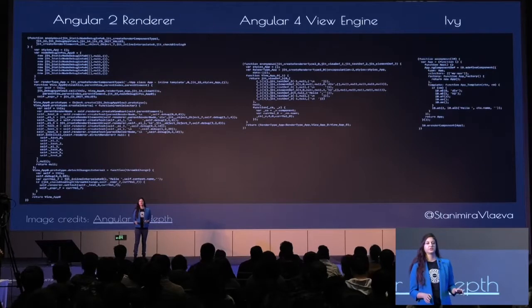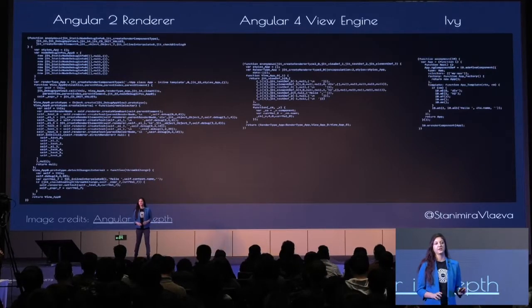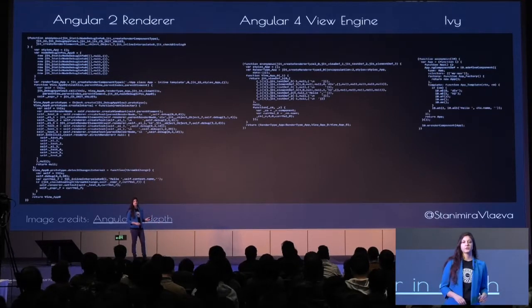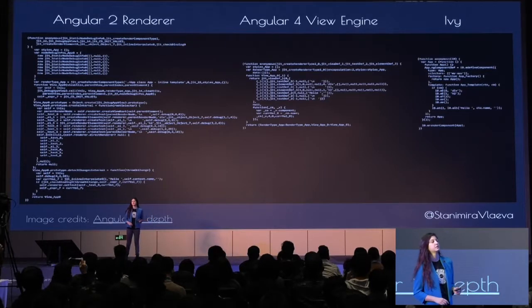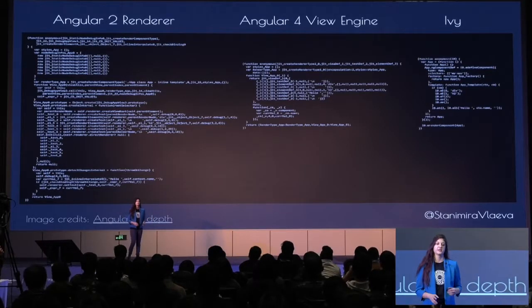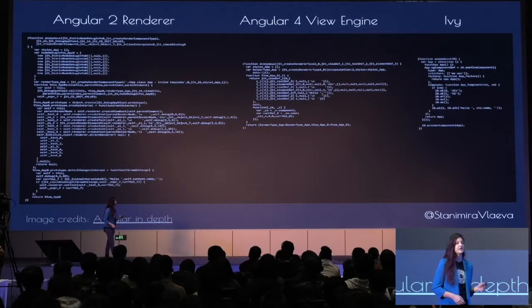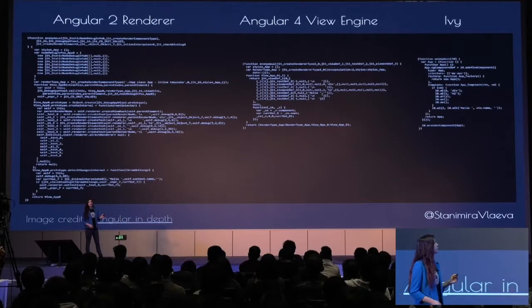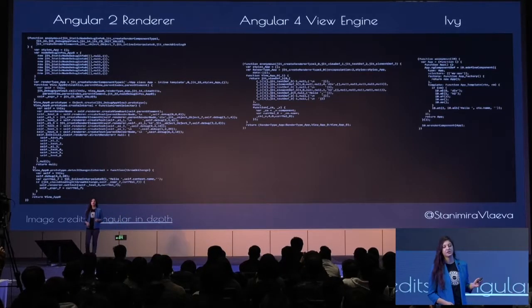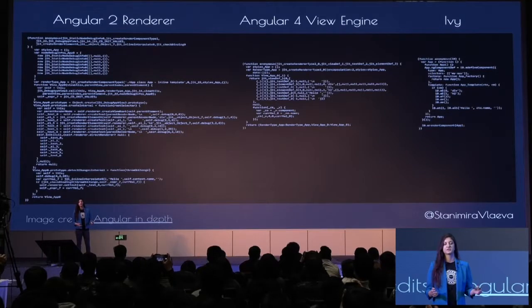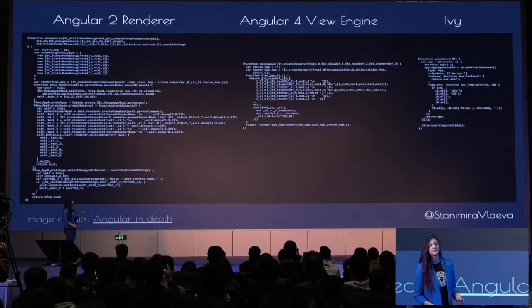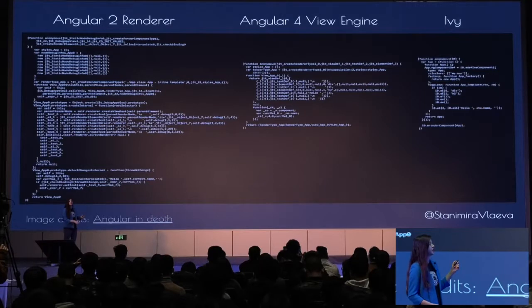Ivy is the third generation of Angular renderers. When Angular 2 was released in 2016, we had this set of instructions. Well, actually, we weren't writing that code, but when our components were compiled, this is the code that was generated.